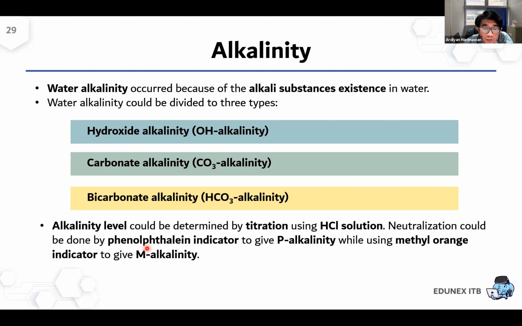What is the color of the phenolphthalein? Anyone still remember? Pink, sir. Okay, is it correct, Pak Hendra? Yes, actually I forgot. Pink, yes. So two different indicators with different colors. First is phenolphthalein, which we call P alkalinity, and the other one uses methyl orange, or methyl jingga in Indonesian. We term it M alkalinity.